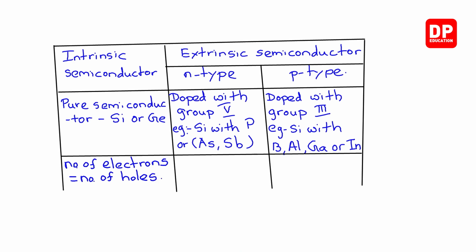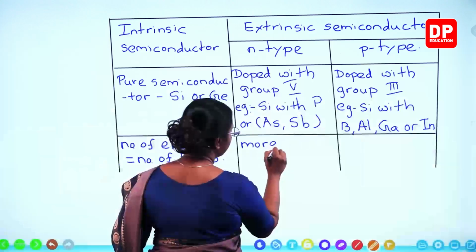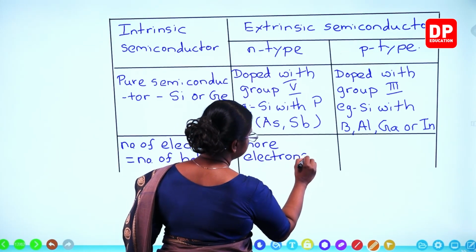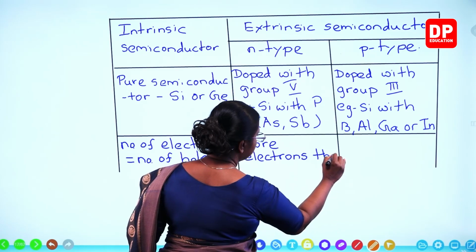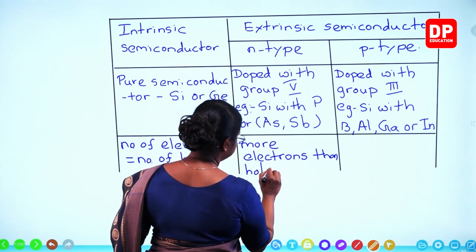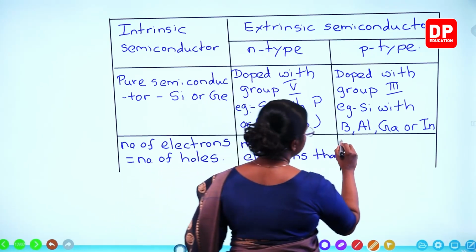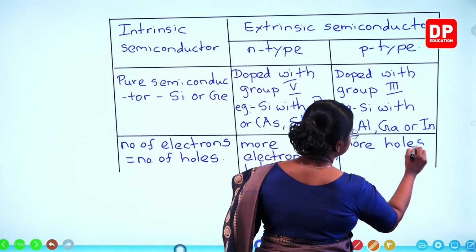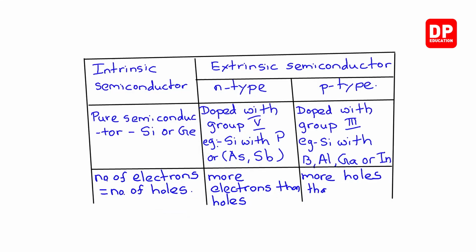Here in N-type, more electrons than holes. So here more holes than electrons.